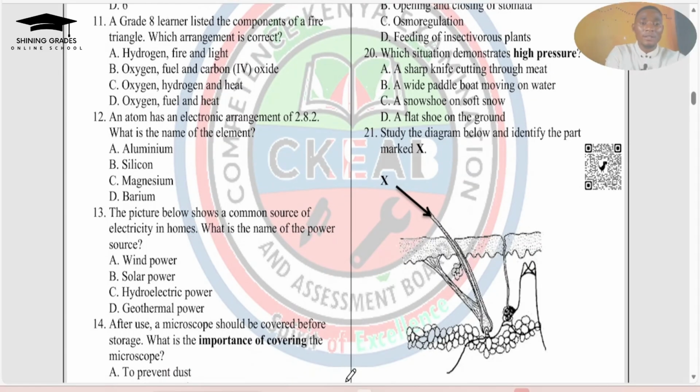We need to understand that the components of the fire triangle are heat, fuel, and oxygen. So the correctly arranged list is D: oxygen, fuel, and heat.